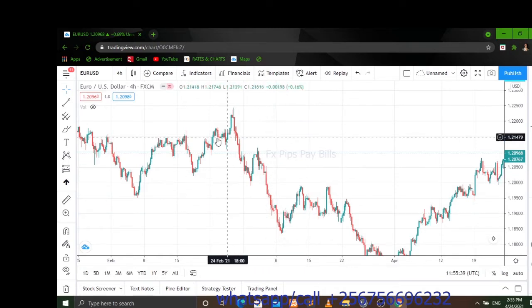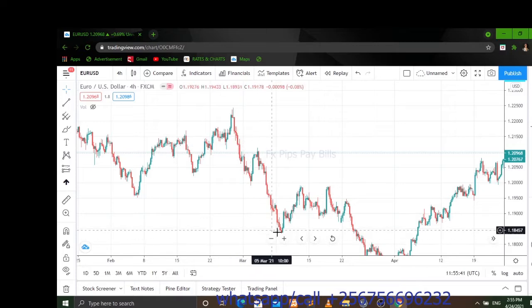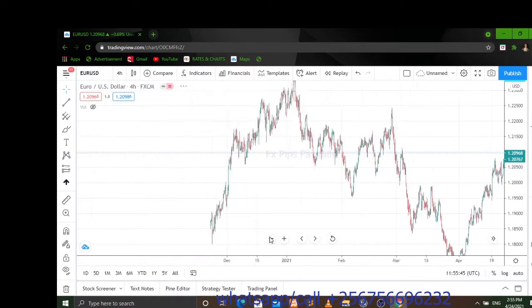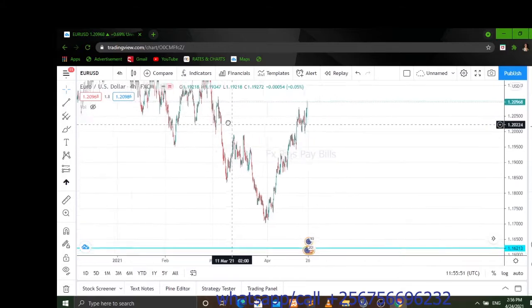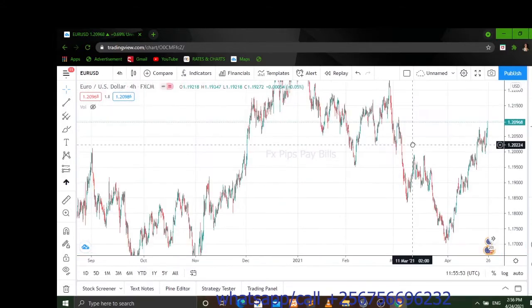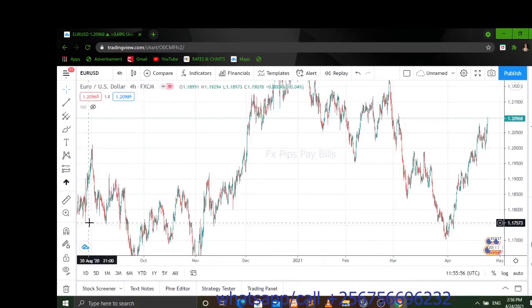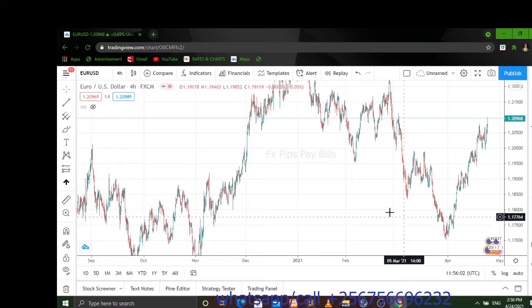So what we should do is to zoom out any chart that you have up to when you can view quite some good data of that chart. So you can see here I can see data up to August of 2020.